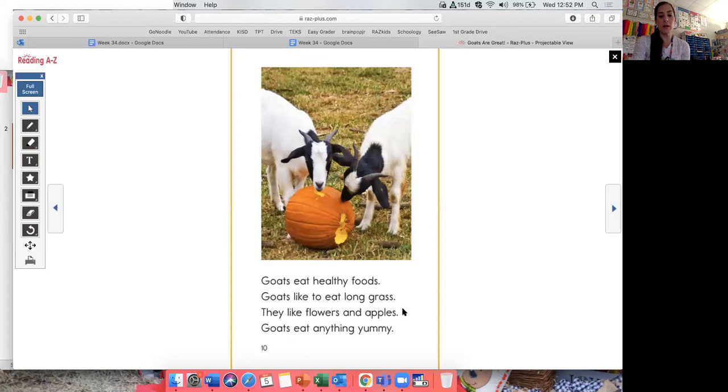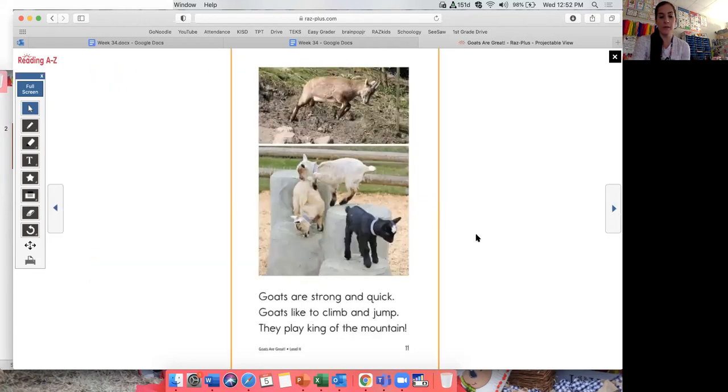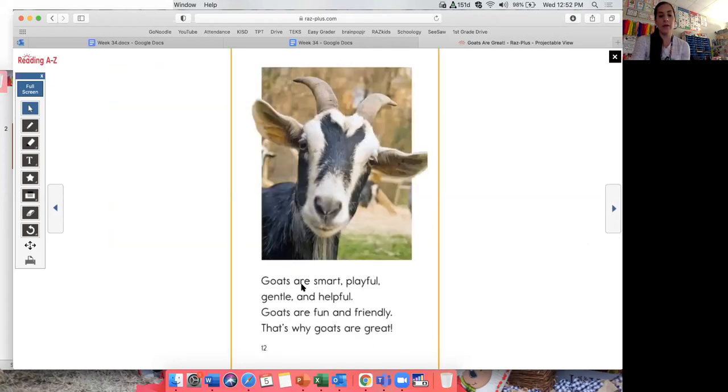Goats like to eat long grass. They like flowers and apples. Goats eat anything yummy. Goats are strong and quick. Goats like to climb and jump. They play king of the mountain. Goats are smart, playful, gentle, and helpful. Goats are fun and friendly. That's why goats are great.